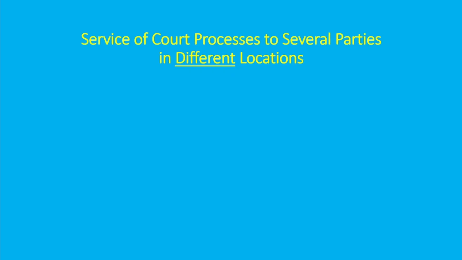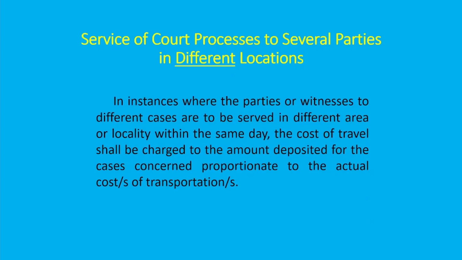Now, for service of court processes to several parties in different locations. In instances where the parties or witnesses to different cases are to be served in different areas or localities within the same day, the cost of travel shall be charged to the amount deposited for the cases concerned, proportionate to the actual cost of transportation.